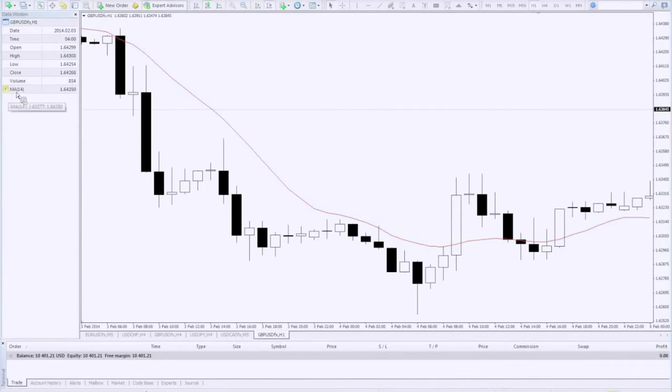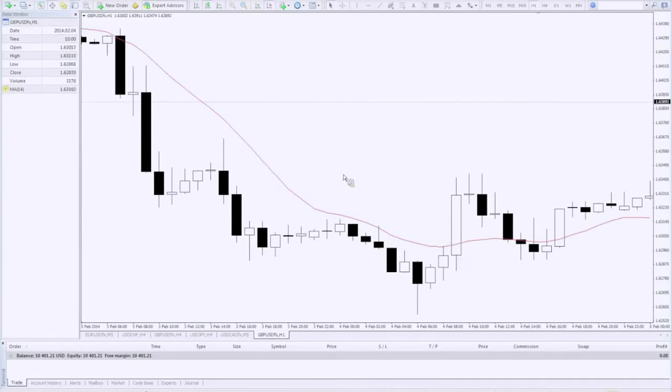So now, if you see in the data window where it says MA14, it's measuring the moving average. And it's going to give me the price of the moving average at the exact point that I put my mouse on the chart. You see that? Okay, so on this candle, I'm going to put my mouse right there.